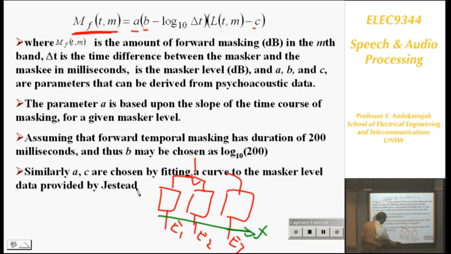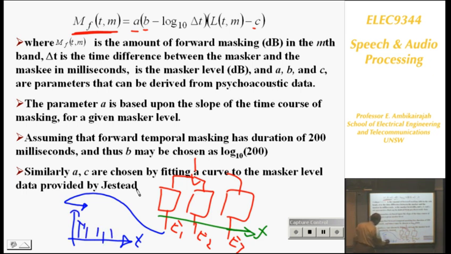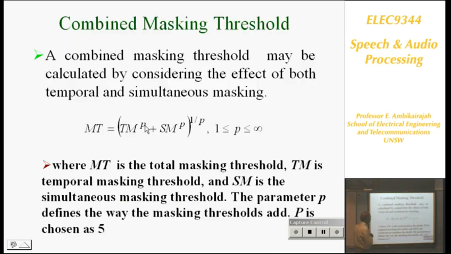You take one filter output and work out in time, that means this way, its amplitude or energy, and then you work out the temporal masking threshold. You have the simultaneous masking threshold and the temporal masking threshold, and you can then combine them to get the overall masking threshold.